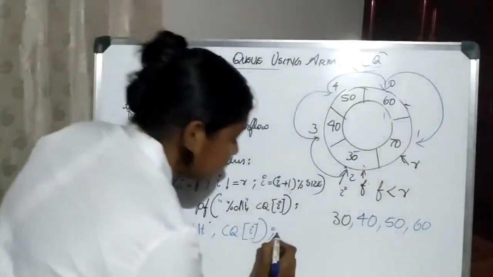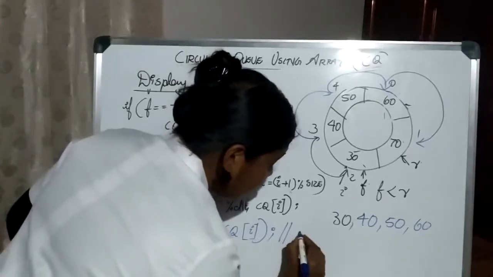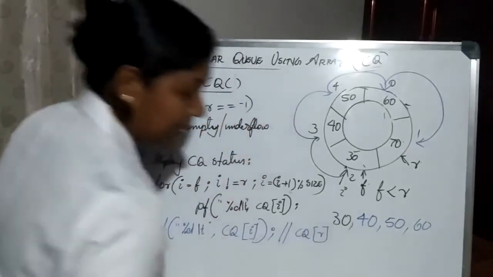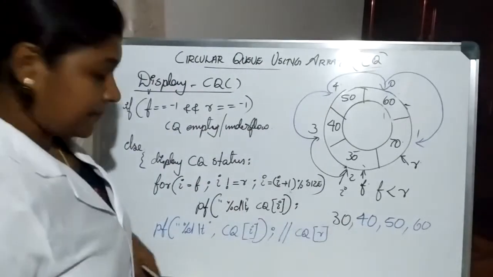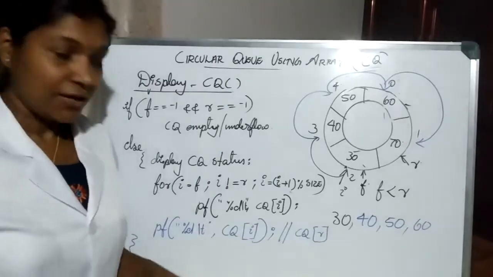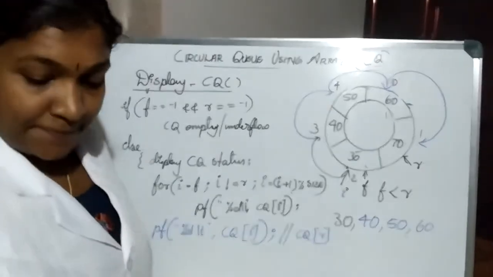So this is for printing the value at the rear position, CQ of rear. So this is the display function of a circular queue. I hope it's clear.